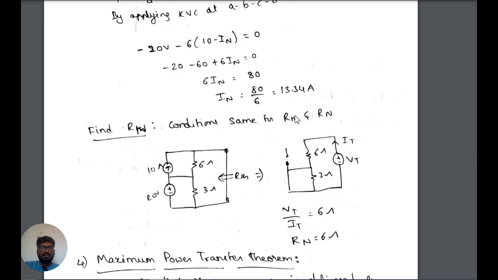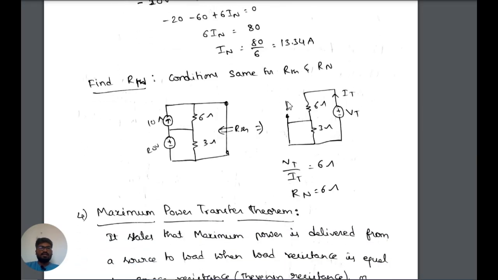To find RTH, note that RTH and Rn are the same. At terminals A and B we apply a test signal Vt, and at last we find Vt by It, which is Rn. We know that voltage sources will be short circuited here and current sources open circuited.